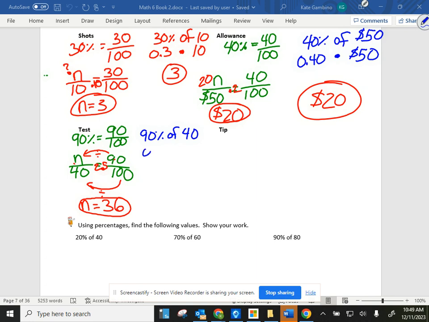Yeah. 0.9 or 0.90. What does of mean? What math operation? Multiply. Multiply by 40. 0.9 times 40. What answer do we get? 36. Both ways we get 36.